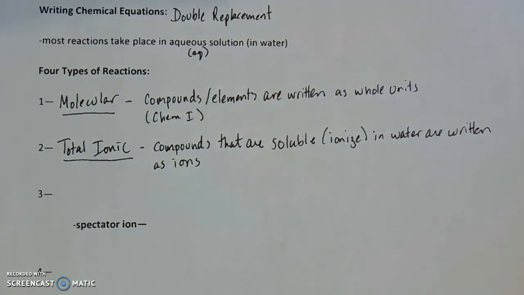So sodium chloride, well, instead of writing it as NaCl in a total ionic, that dissolves in water. And when something dissolves in water and it's an ionic compound, it ionizes and forms its two ions. So we get Na plus and Cl minus, and we write them as that.